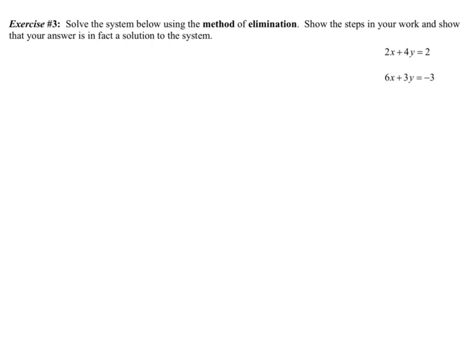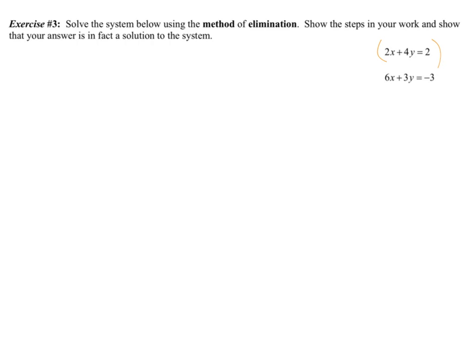Now we're going to solve this system below using the method of elimination that we've worked through. Show the steps in your work and show your answer is in fact a solution to the system. So what we need to do is get one of these to end up being the same number but opposite.